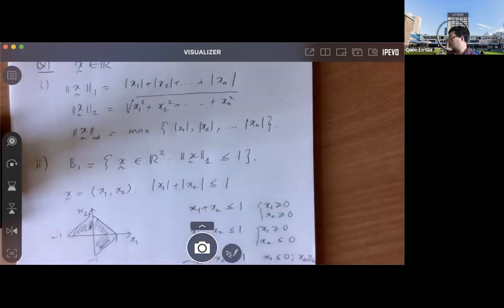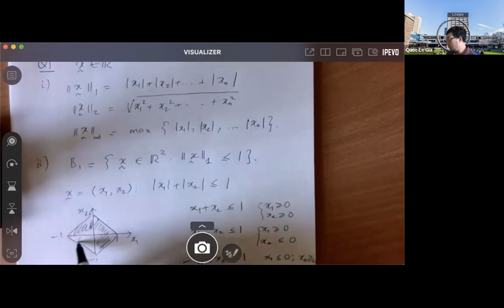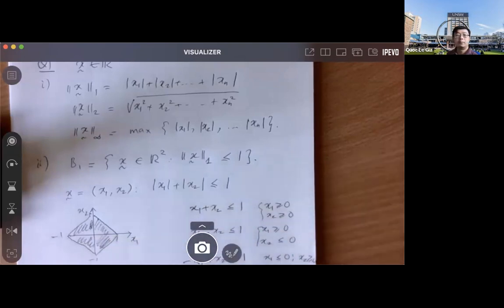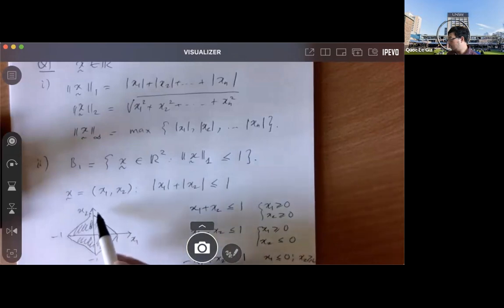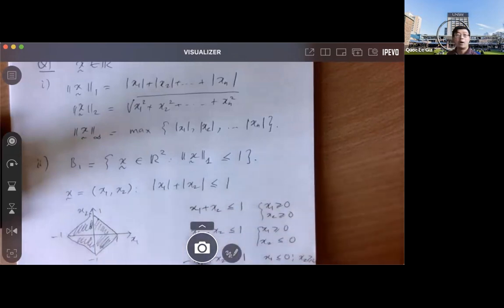Minus 1 here. Yeah. And then so on. So you get minus x1 minus x2 less than or equal to 1, with x1 less than 0, x2 less than 0. And then you get this region. So it's a diamond shape. Okay, and this is minus 1, plus 1 here, minus 1, plus 1. Okay.